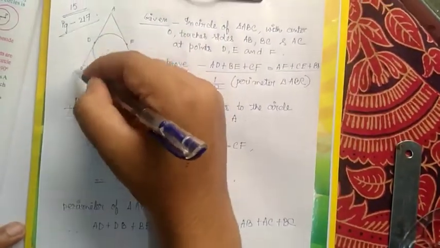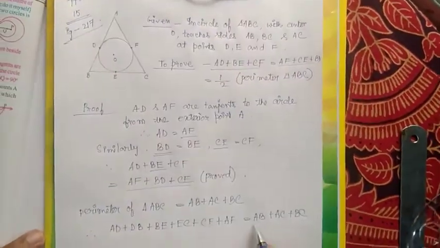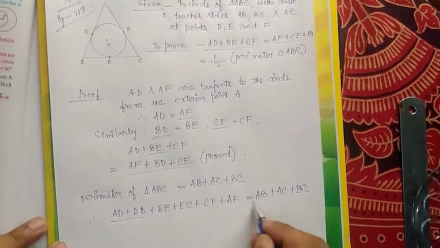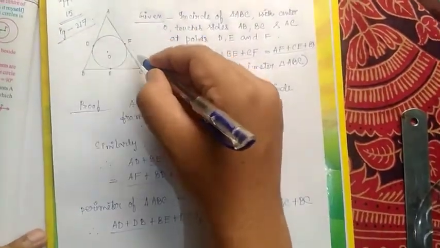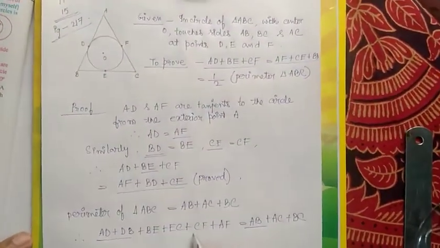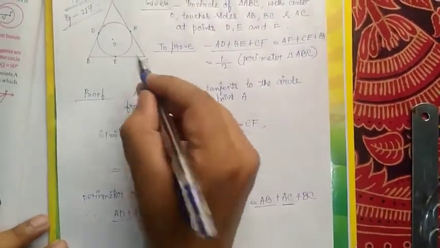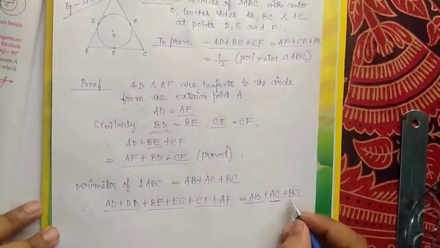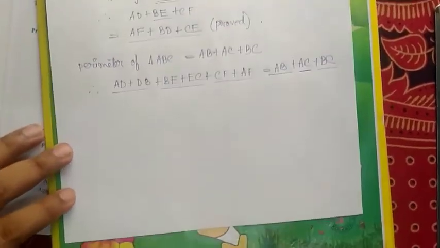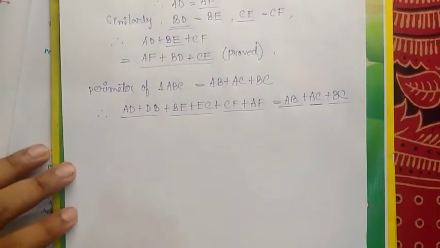AD plus DB equal to AB, AF plus CF equal to AC, and BE plus EC equal to BC. That's why I write in this manner.